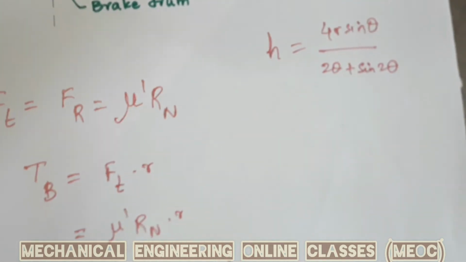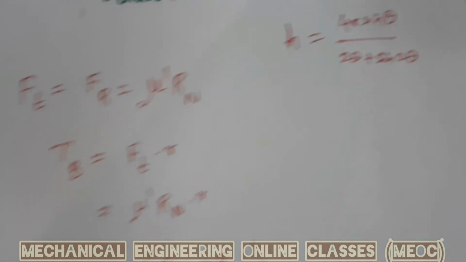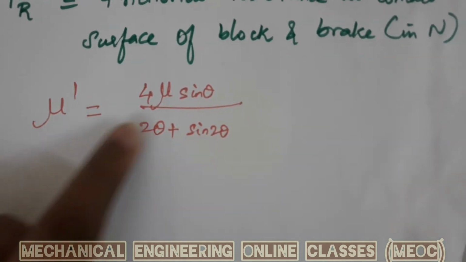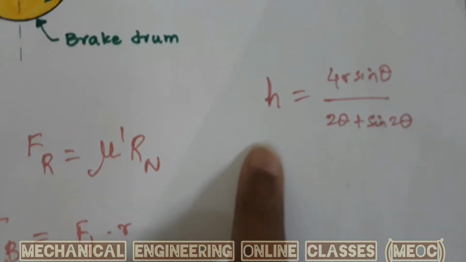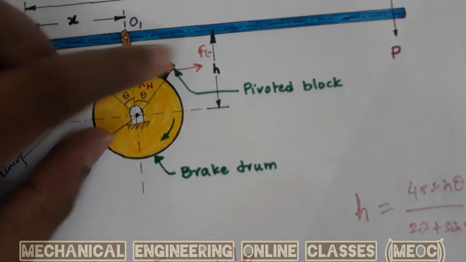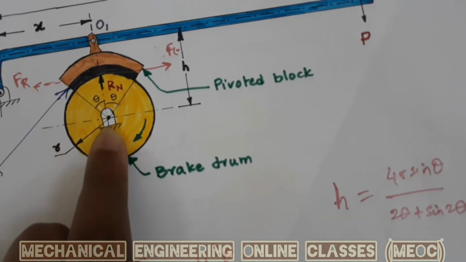So this is just like our equivalent coefficient of friction. Here is mu dash, here is mu. So R and h also are related in the same fashion. Here is h and here is R. So this h is nothing but the distance between the lever to the center of the wheel.